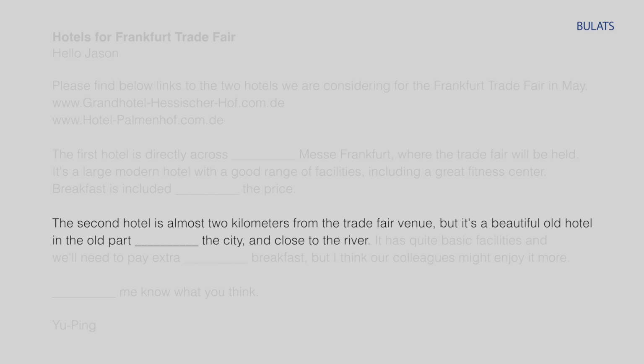So that was information about the first hotel. Next we come to the second. Again, if we look at the group of words in the old part X the city, is there a preposition that comes to mind? Well, hopefully part of something is familiar to you. Of often follows part, and I'm sure you've seen it many times.